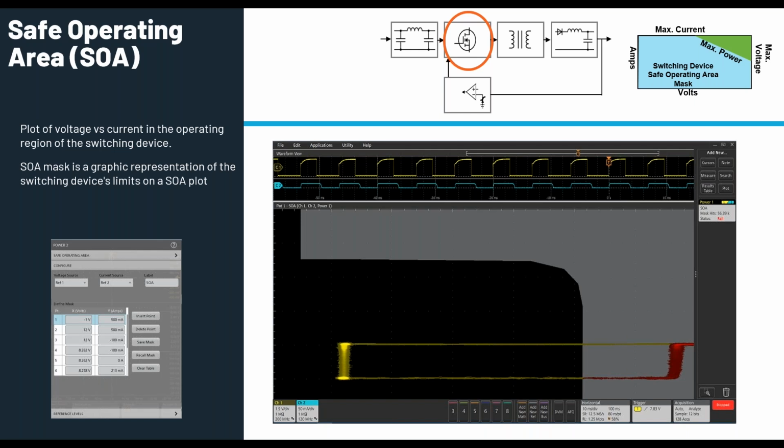During switching events, the oscilloscope checks whether the waveform hits the mask or not. If there are violations and it is hitting the mask, then it means that it's out of the operating region. So this again helps in validation of the designs, and makes sure we have reliable testing done.